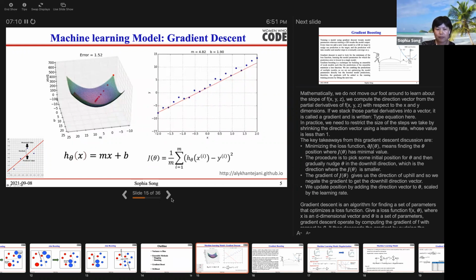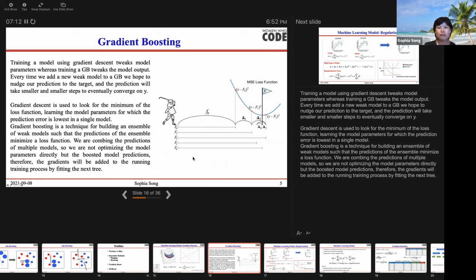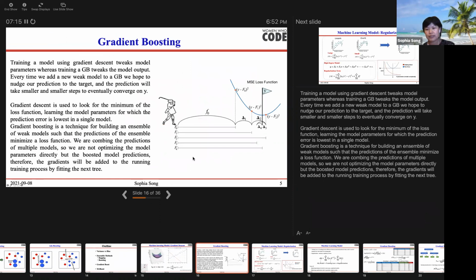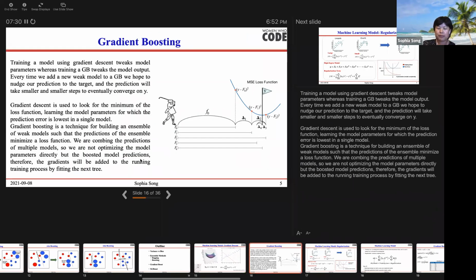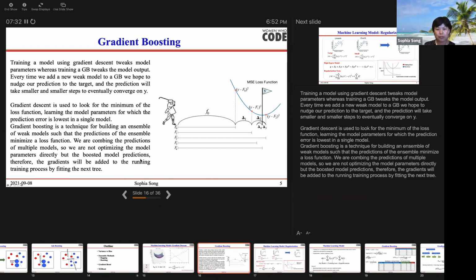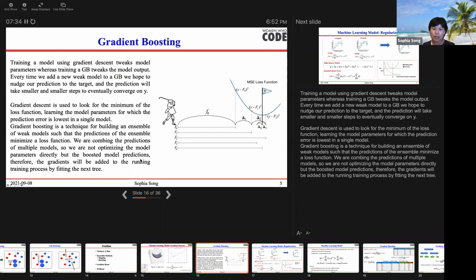However, for gradient descent, we take the model parameters to find the optimized model, like the M and B I mentioned here. For gradient boost, you take your model's output to optimize your model. For example, you have an initial guess for your model.